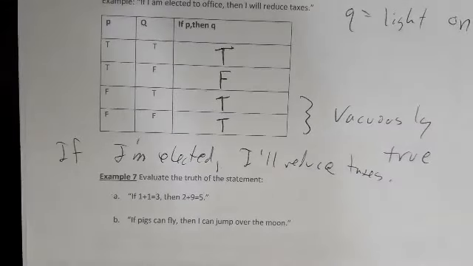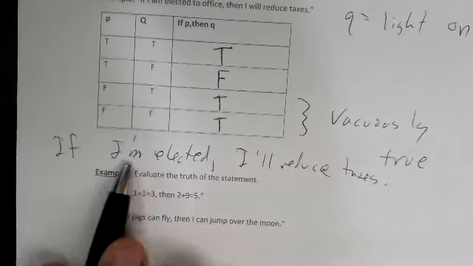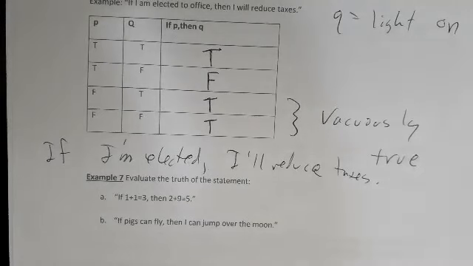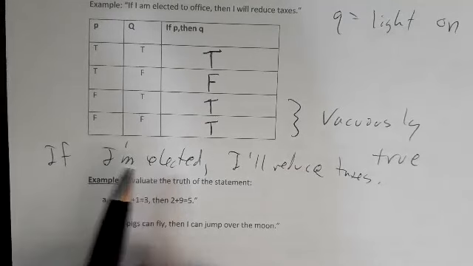This might be a better example, actually. So some politician is making this claim, right? He doesn't get elected to office, or she doesn't get elected to office. They don't get elected to office. Would this claim still be true?